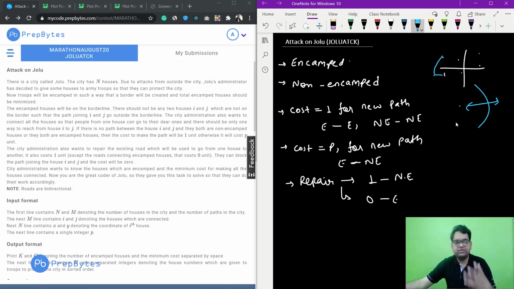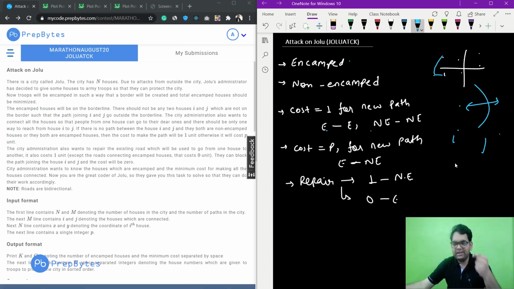The city administrator also wants to connect all the houses so that people from one house can go to their dear ones, and there should not be more than one way to reach from a particular house I to a particular house J. There should be just one way. If there is no path between two houses and they are both encamped houses or both non-encamped houses, then the cost to build that path is 1.